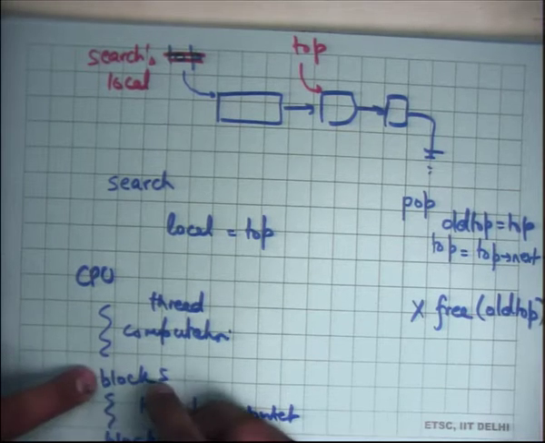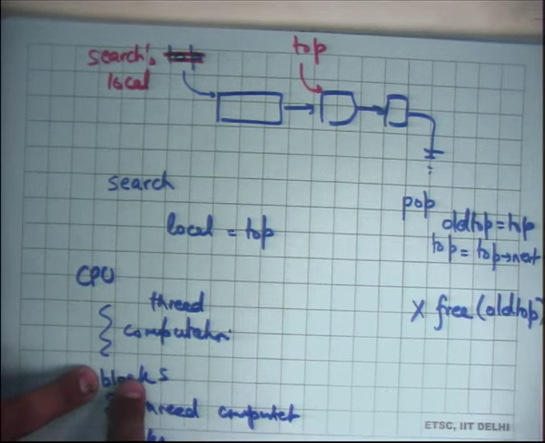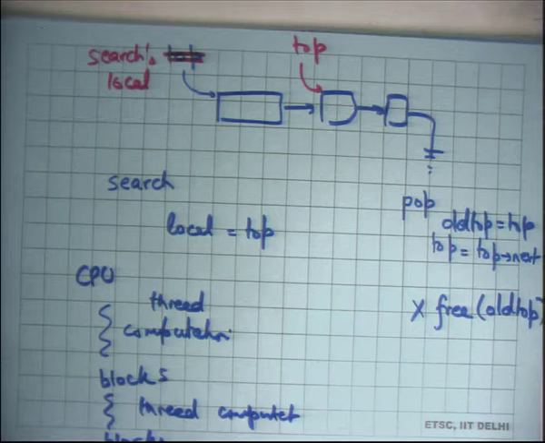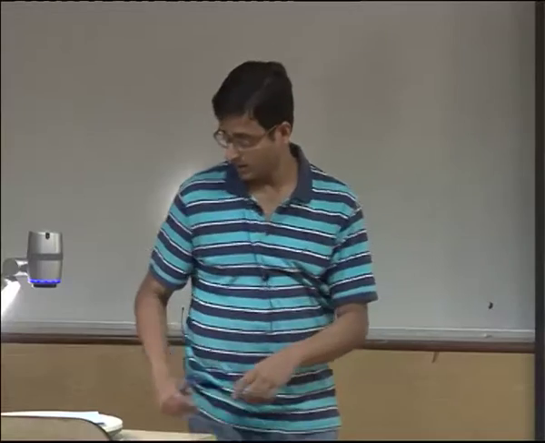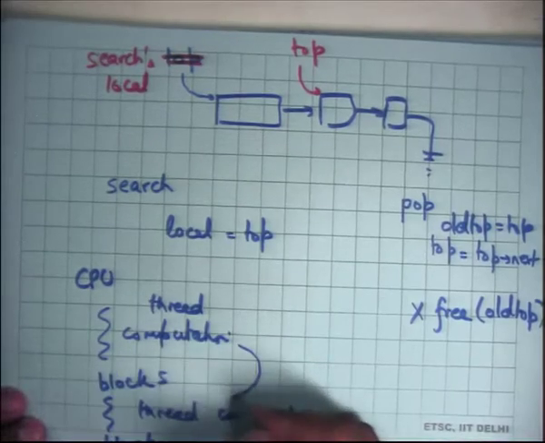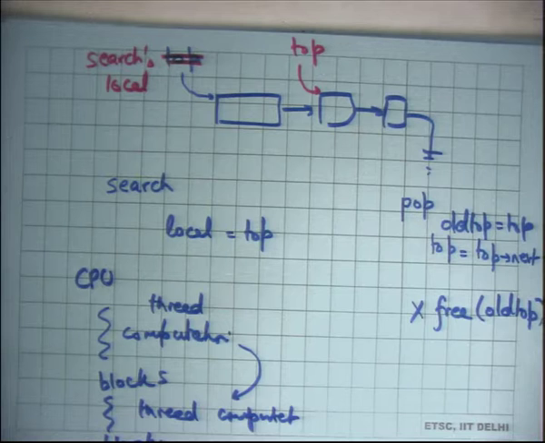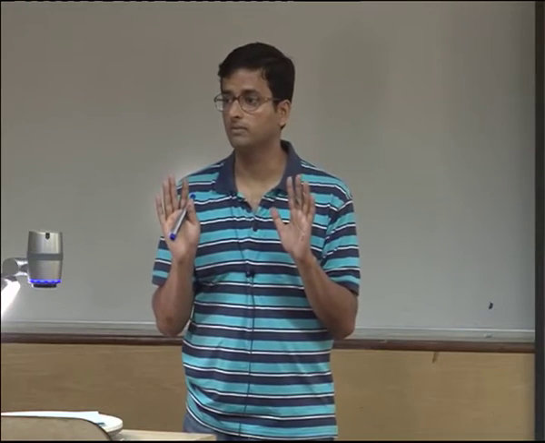If I could be sure that before blocking all local references to any shared data structures have been given up, that would be very helpful to me, right? If I could be sure that across this blocking I couldn't be holding a reference, a local reference in my stack or register to something that's global, it would have solved the problem for me, right?